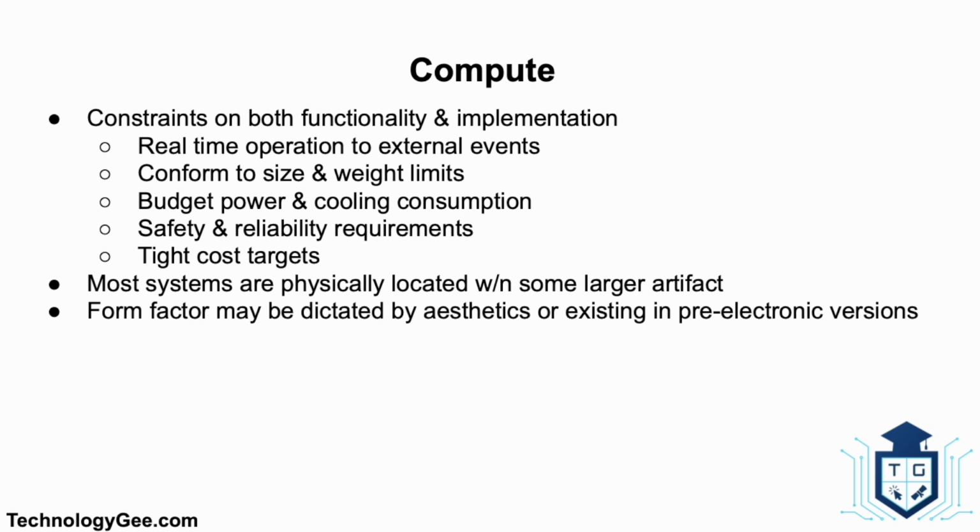Therefore, their form factor may be dictated by the aesthetics or form factors existing in pre-electronic versions. In transportation and portable systems, weight may be critical for fuel economy or human endurance. So for example, a mission-critical system like a black box would have more stringent size and weight requirements than others because of its use in flight vehicles.